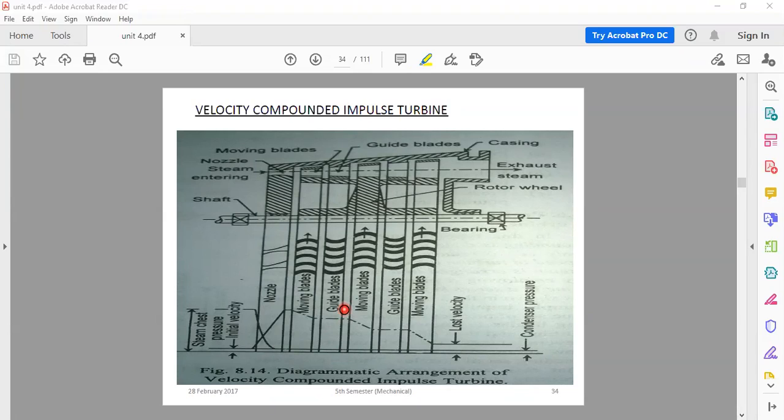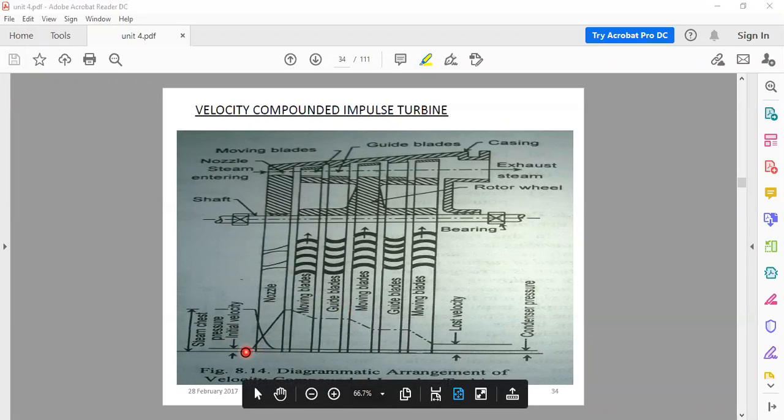In the moving blade, kinetic energy decrease means velocity decrease. So see here, by continuously controlling the velocity of the turbine, using velocity controlling, we have controlled here the speed of the rotor.